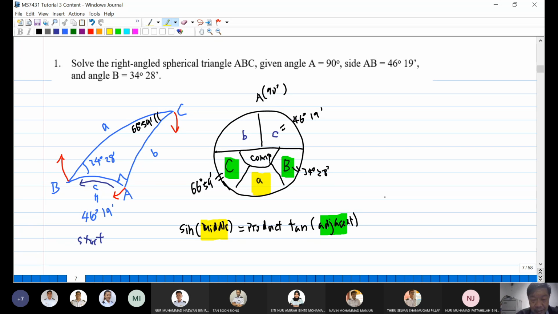Now you'll find that all the things are below the view, so you have to use co everywhere. So right now, sine of co-A equals tangent of co-C and tangent of co-B.